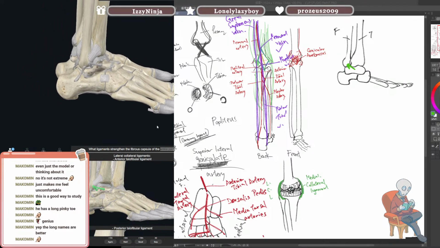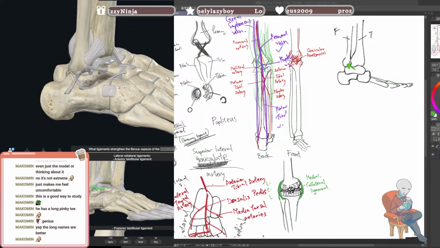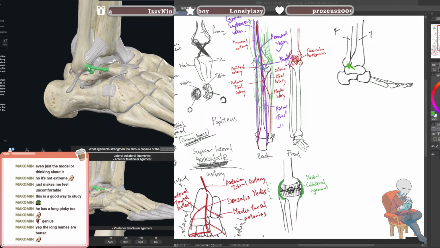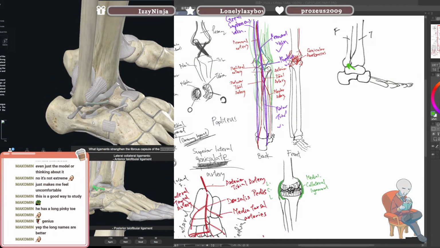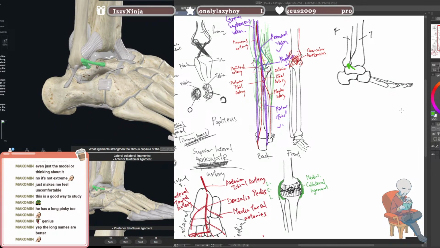It's talking about this one, right? Talofibula? Oh, sorry. This is not the cuboid, this is the talus. Then it'll be the talofibular ligament, right?